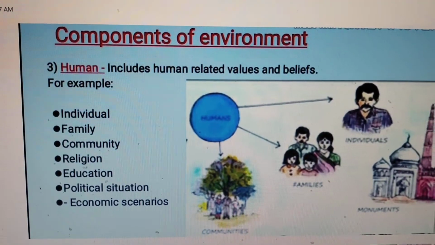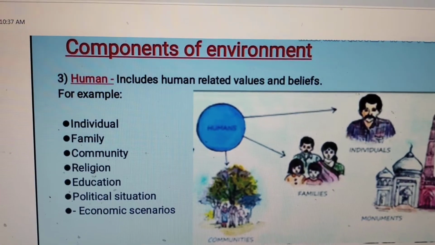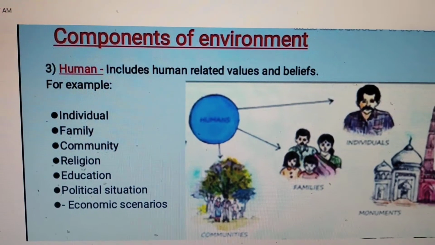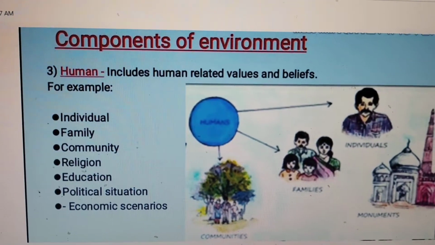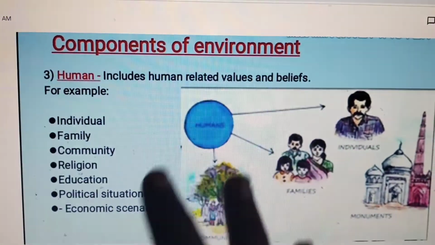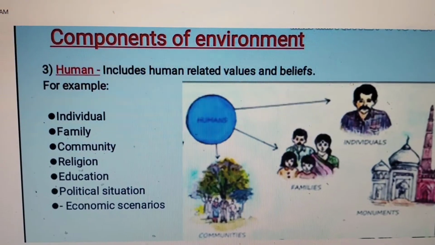Then the political situation, so there are many political parties, and economic scenarios, like some people will be very poor and some very rich. Certain areas have improved and certain areas haven't improved up till now. So these are the human related values and beliefs. So here, what are the three components of environment?